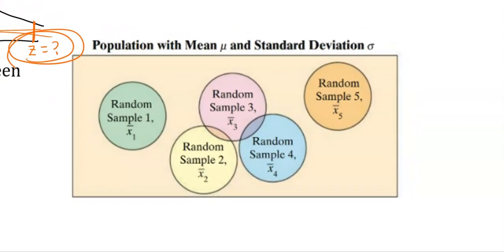The title reads, the population with mean mu and standard deviation sigma. For example, let's say that we are looking at the heights of men, and this is just an example. I'm using this example because we have looked at probability distributions for the heights of men back last week. I'm clicking through Moodle now.